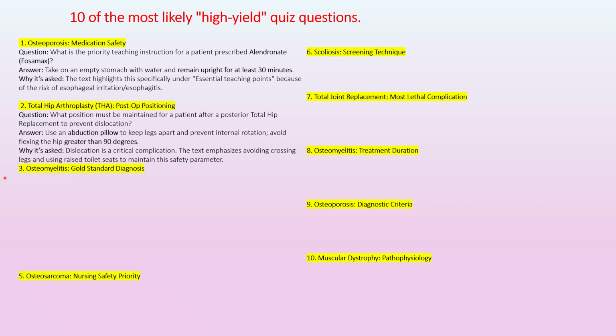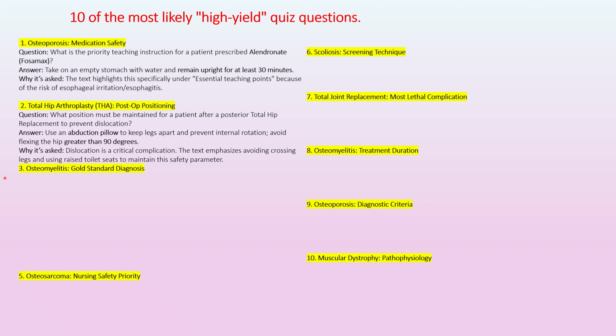The answer is use an abduction pillow. I said earlier in the slide to keep the legs apart and prevent internal rotation. Avoid flexing the hip greater than 90 degrees. It is asked because dislocation is a critical complication.